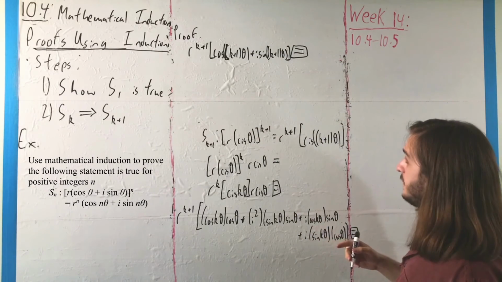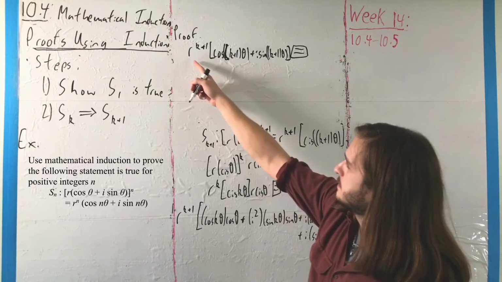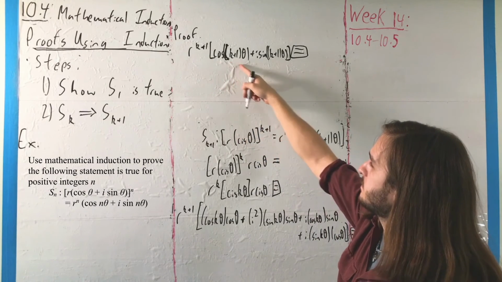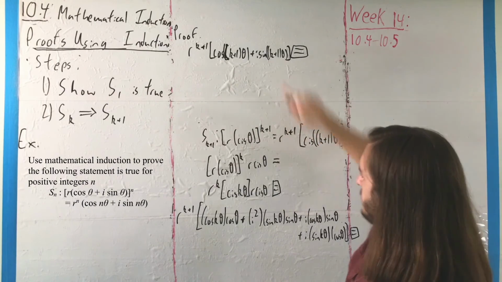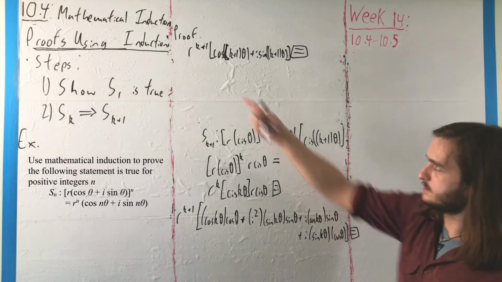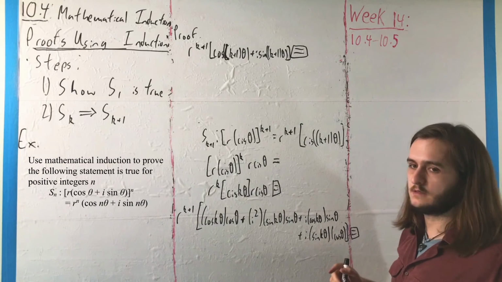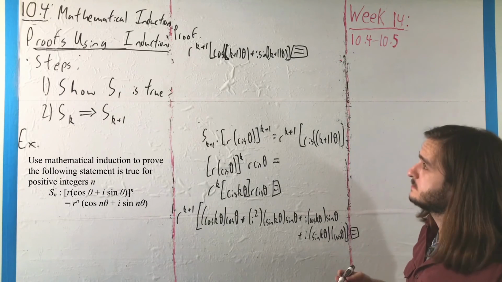And actually, r to the k plus 1 cosine k plus 1 theta plus i sine k plus 1 theta is r to the k plus 1 CIS k plus 1 theta. So this is true.